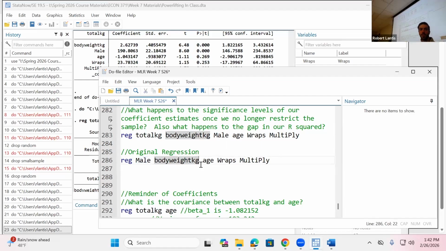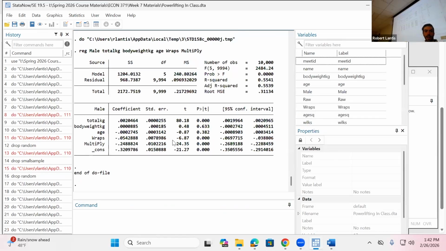All right. So I've got these four different X variables. I'm trying to predict whether or not the person was male. I'm also going to include over here the total amount of weight they lifted, okay? So I run this regression, all right?